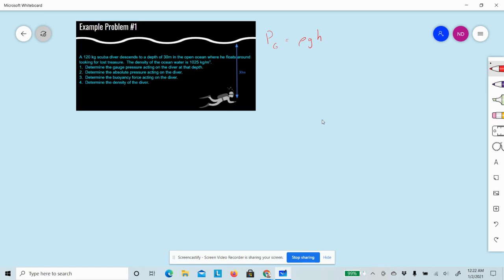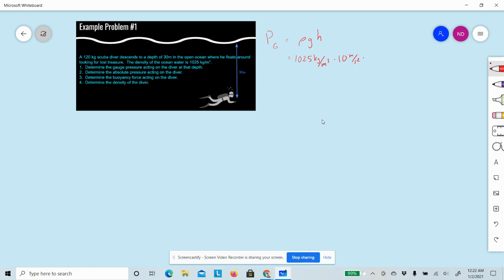So a 120-kilogram scuba diver descends to a depth of 30 meters in open ocean where he floats around looking for treasure. The density of the water is 1,025 kilograms per meter cubed. Multiply that by acceleration due to gravity, you can use 10 meters per second squared, and not the height, but rather the depth.